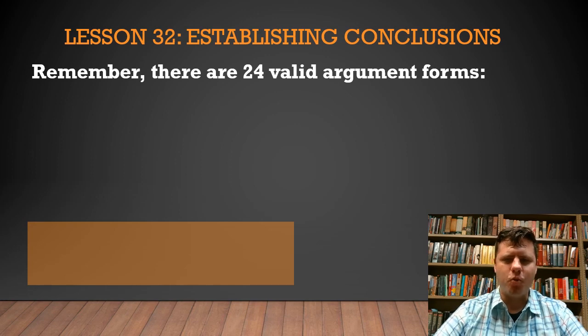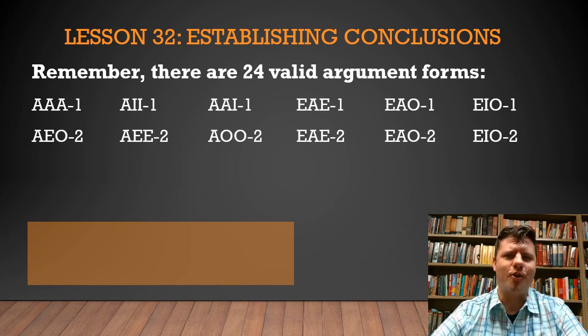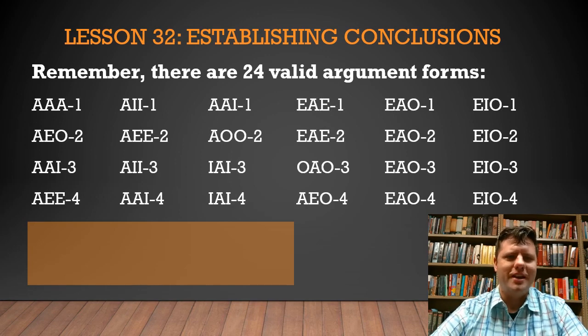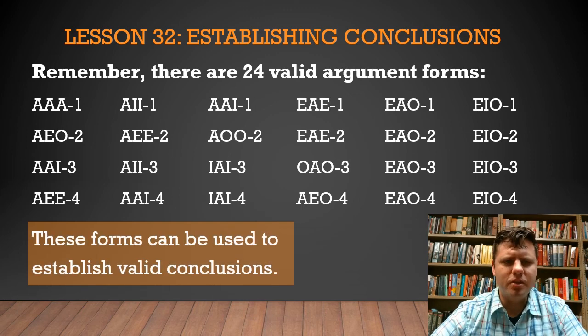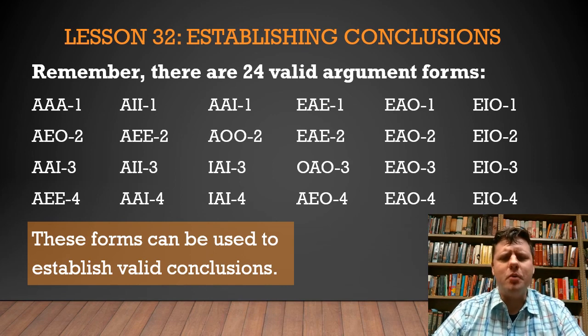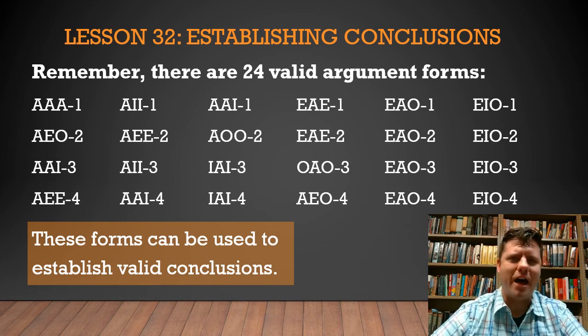Now, you with me have worked through all of these 24 valid argument forms, and here they are all for you. These are the 24 that are valid. Remember, all of the rest are invalid for those standard categorical syllogisms. And so any one of these forms can be used to establish a valid conclusion.